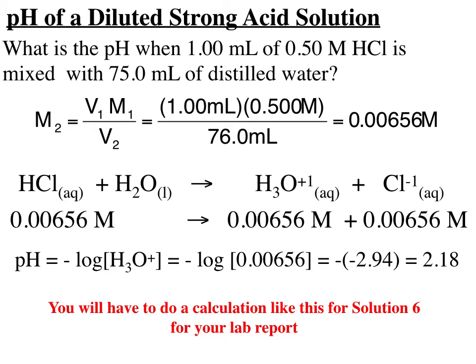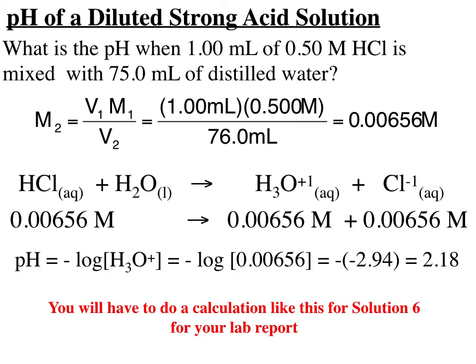They didn't go away in lecture, and they're not going away in laboratory either. So the first of our several calculations of the pH of a solution, we will calculate the pH of a diluted strong acid solution. You will be required to do a calculation of this type for your lab report, and I wouldn't be surprised if you see something like this as well on the final exam.